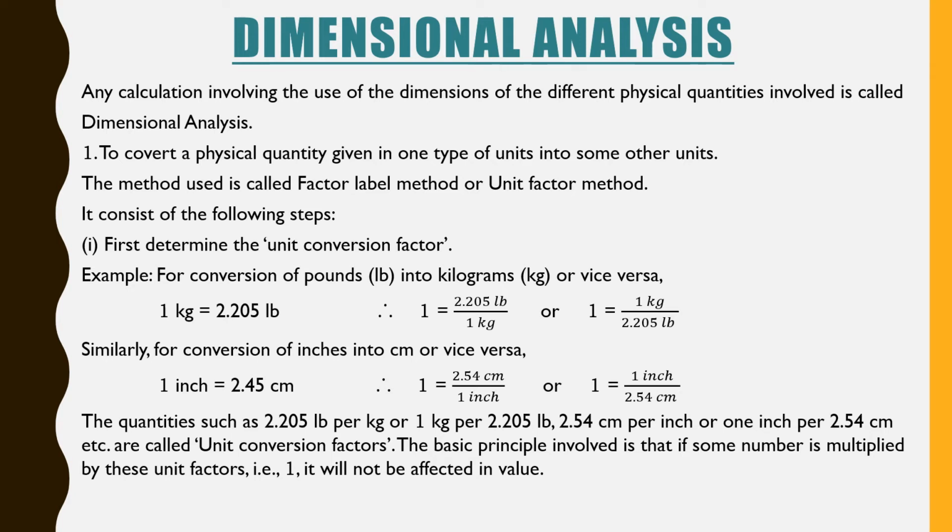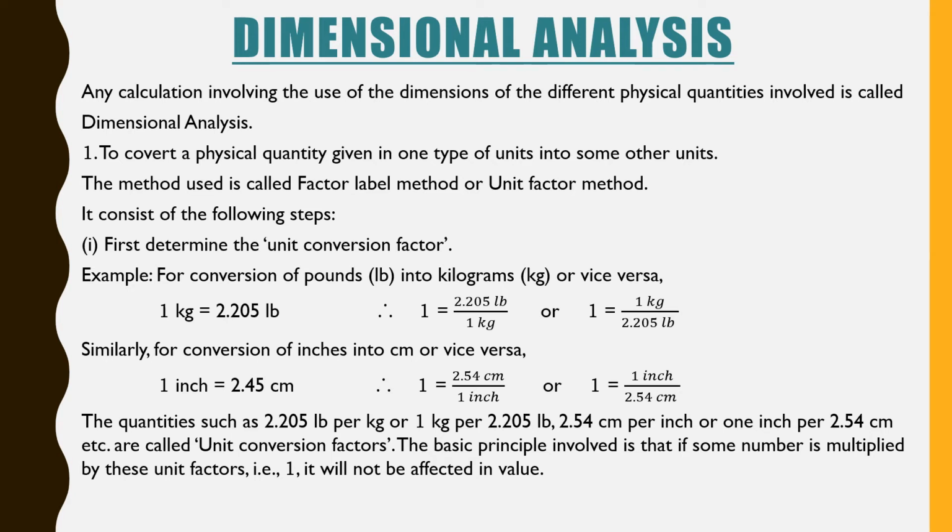The first step is that we have to determine the unit conversion factor. For example, for conversion of pounds, lb, into kilograms, kg, or vice versa, 1 kilogram is equal to 2.205 lb.